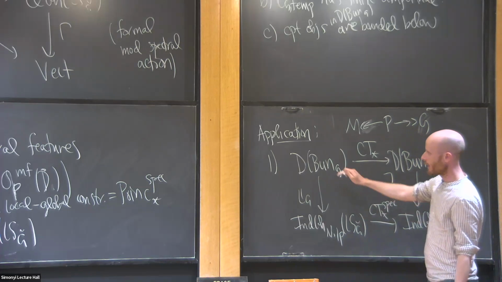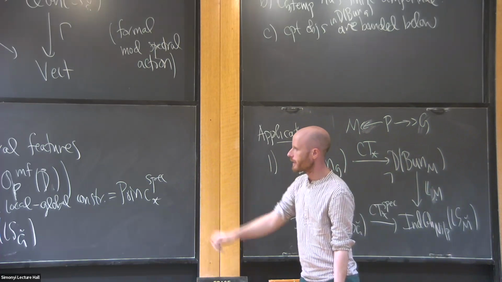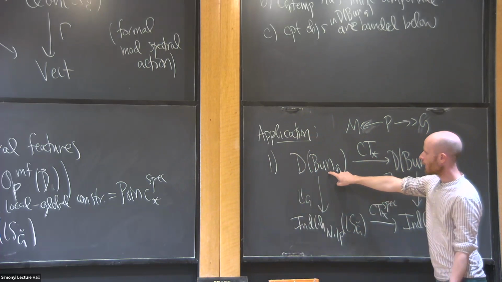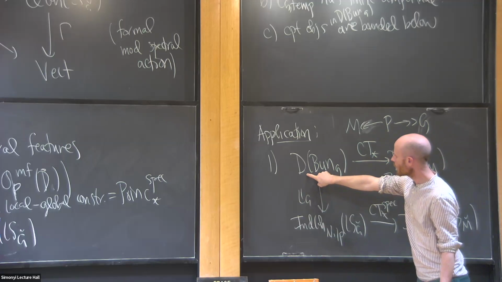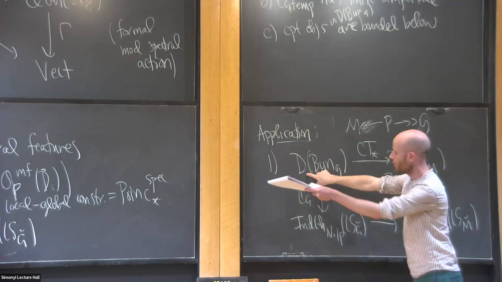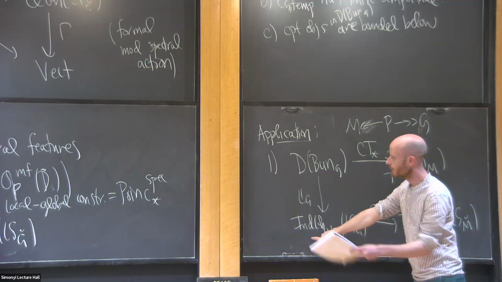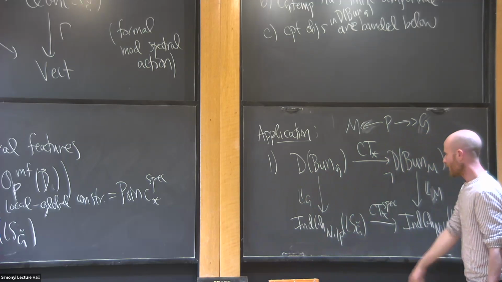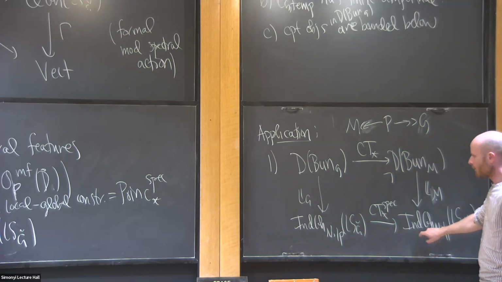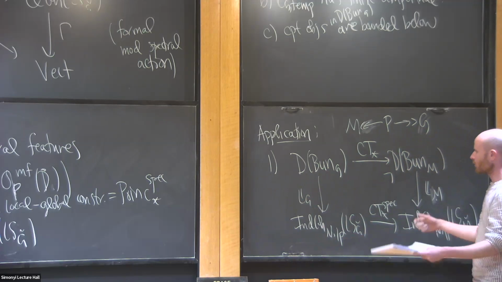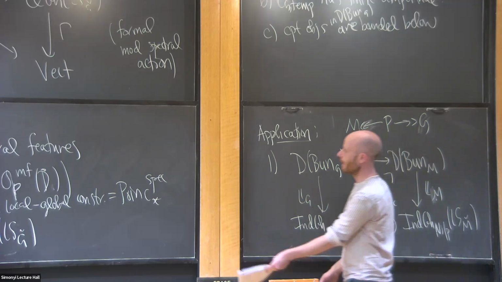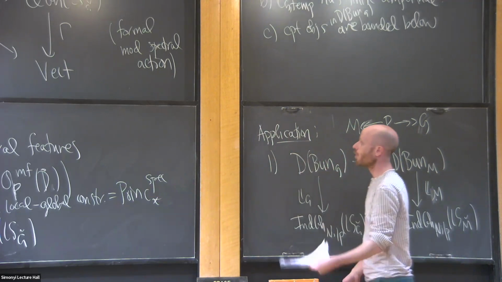And here's the idea of the proof. We calculate everything on Kac-Moody localized objects. So you take a Kac-Moody localized object in D of Bun G. That gives you a formula for computing LG of it in some kind of local terms. And then we compute constant terms of that. By the same mechanism as before, that turns out to have a local expression.